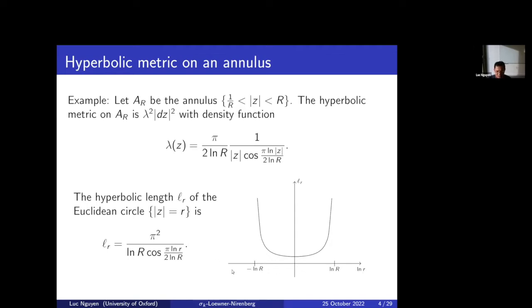On the horizontal line is log r, and on the vertical line we have the length of that Euclidean circle. We see that it's symmetric around log r equal to 0. At the boundary of your domain, the length of this Euclidean circle is infinite, and it is minimum exactly at log r equal to 0. At that point you have a geodesic circle.